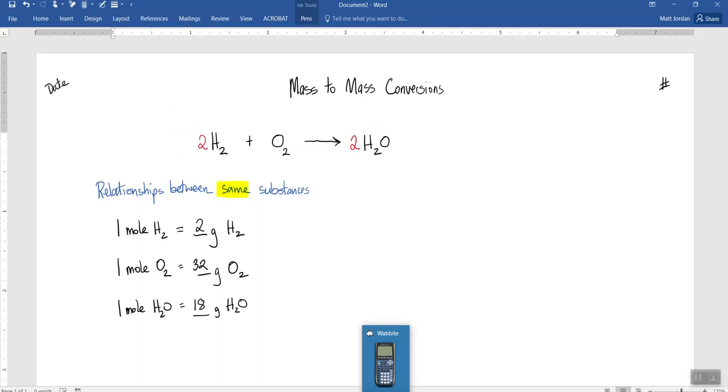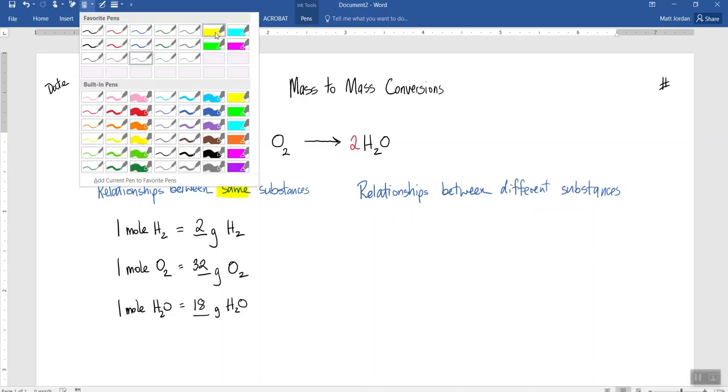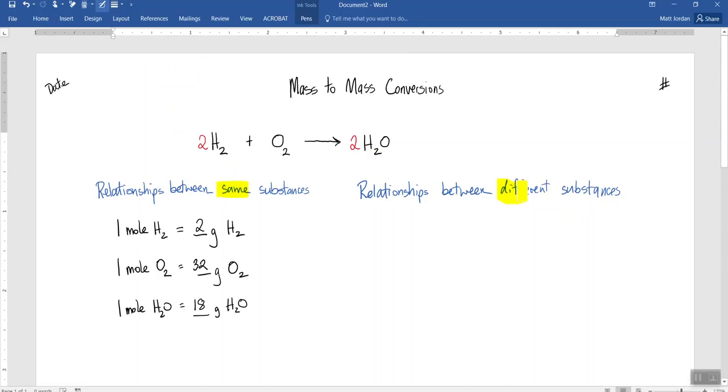So let's make another column over here, between different substances.